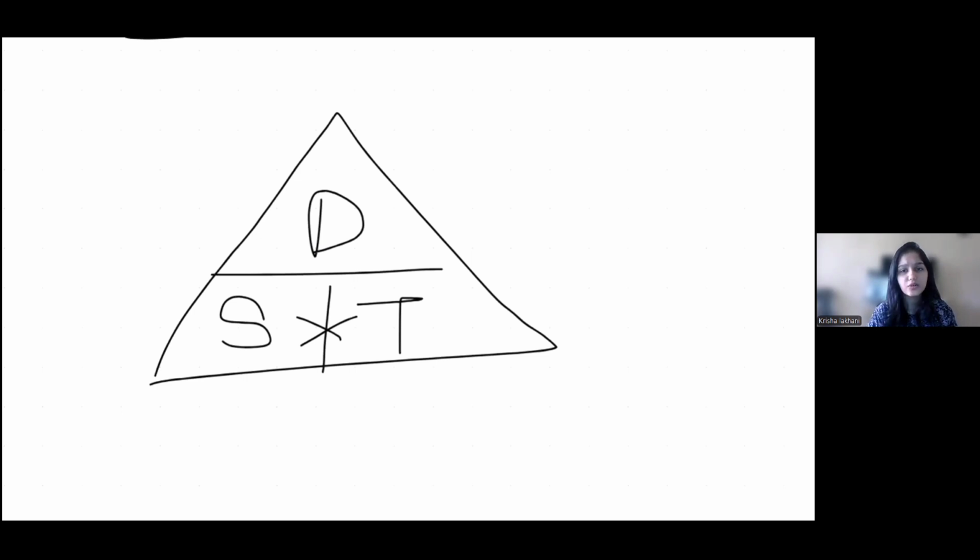Why is it so? When we are writing, it is speed is equal to distance upon time. तो स्पीड यहाँ पर ऊपर रहना चाहिए, बट ऐसा नहीं है. Here you have to know that distance comes first and speed and time are below it.